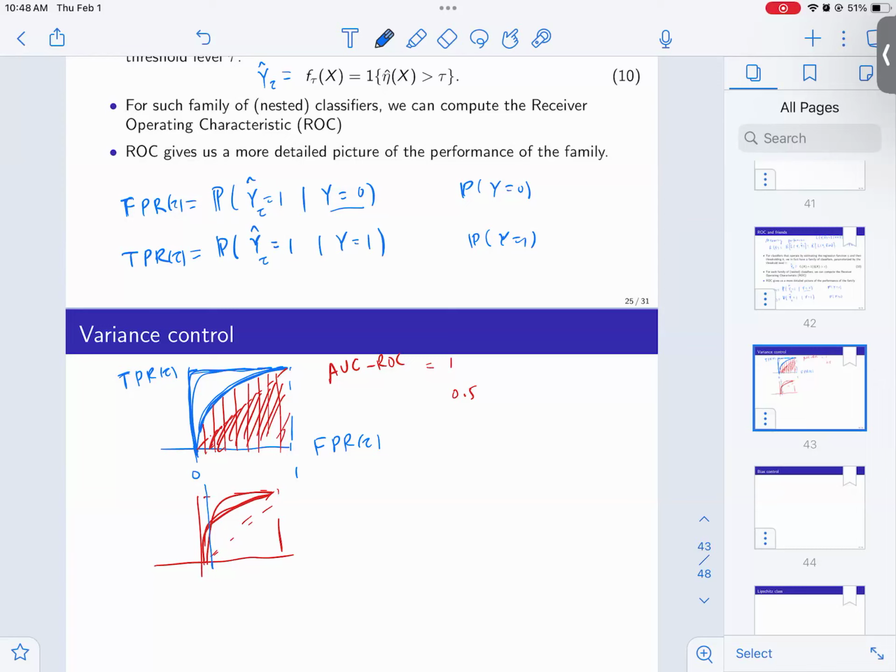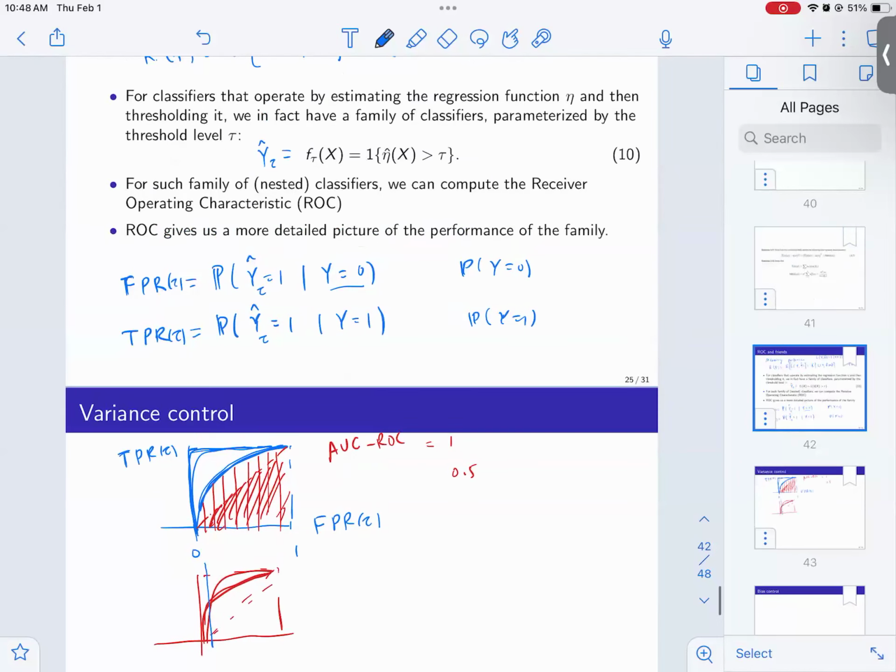If you pick two random points, one from case 0 and the other from case 1, the AUC is the probability that the classifier's score, eta hat of x, is higher for the positive relative to the 0.